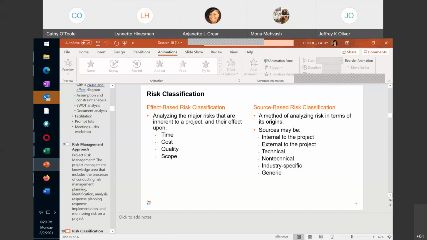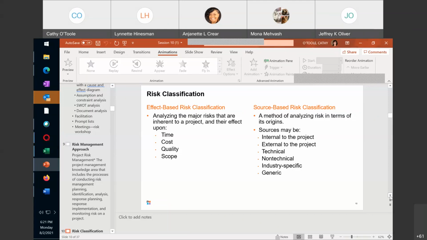You can classify the risks as effect-based. So analyzing major risks that could be inherent to your project and what's their effect upon the time, the cost, the quality, and the scope. And so in my example earlier about the tax team, when they have to be part of our release and they can't be there because of a hurricane, that is a major risk that we always have inherent to our projects.